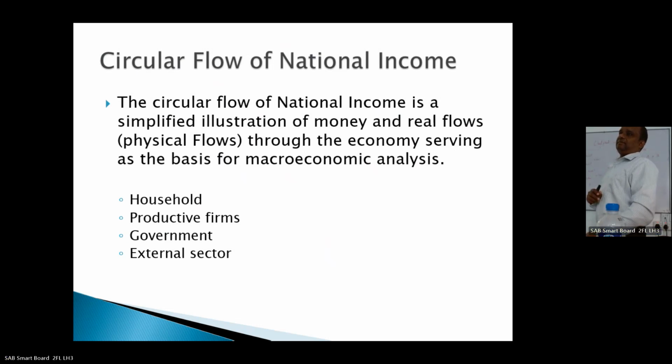Expenditure is the monetary flow. Goods from firms to household, the supply of goods, is the real flow. And the firms demand factors, we supply the factors, and firms pay factor payments. So there is a real flow and a monetary flow in the supply of factors in the production process.